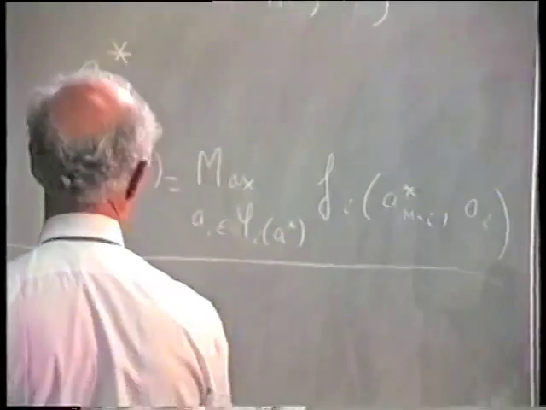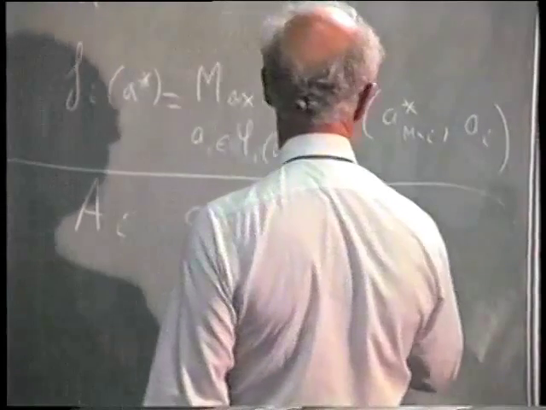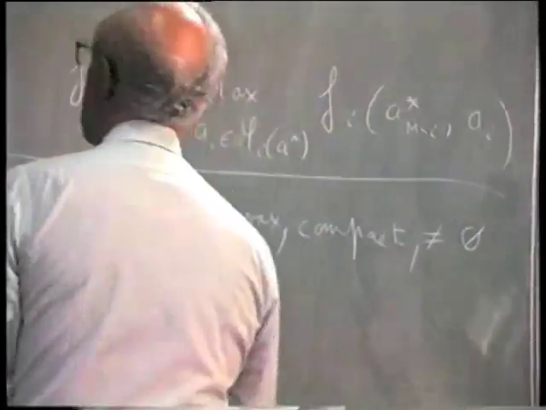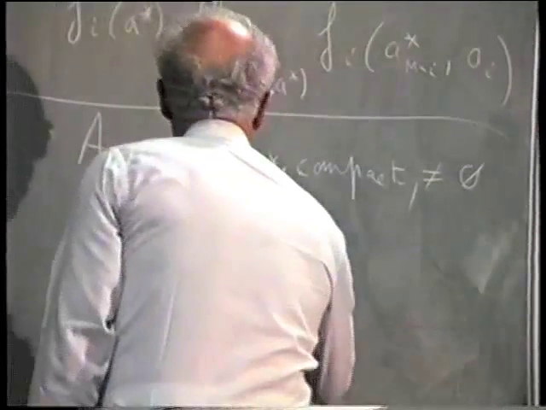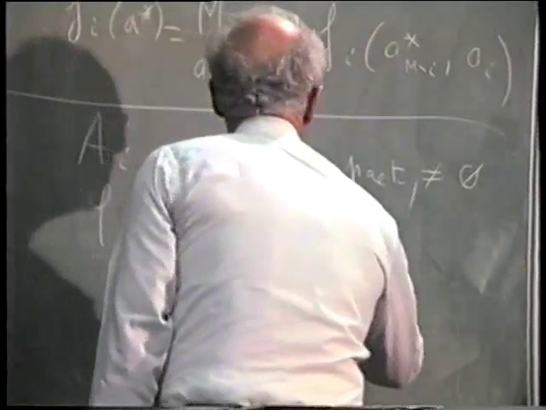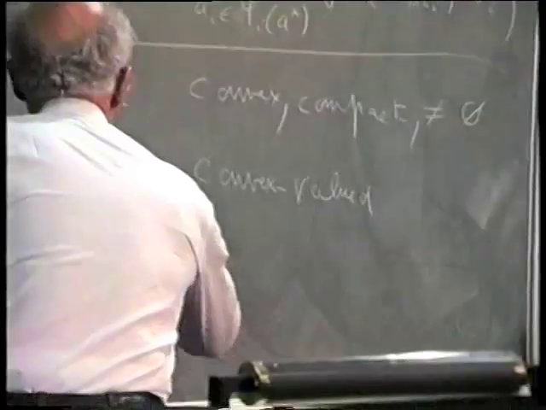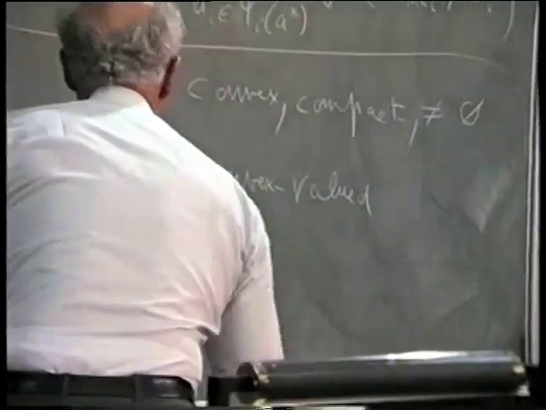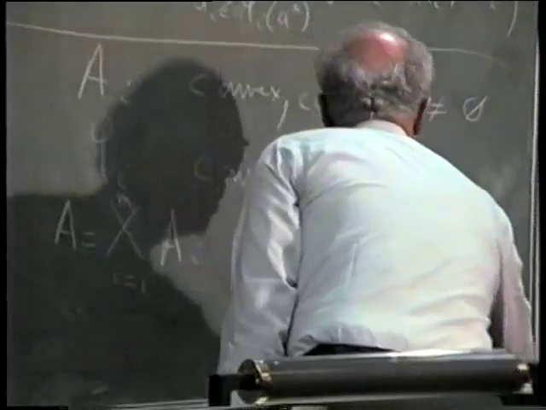You assume that all the AI are convex, compact, and not empty. You assume that phi I is convex valued, and remember that it is defined from A, which is the Cartesian product of the AI.